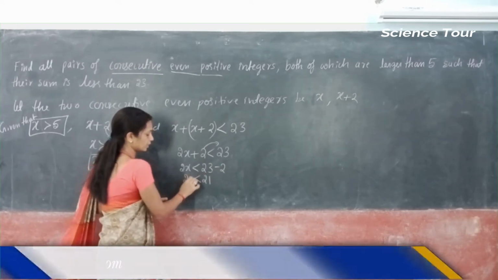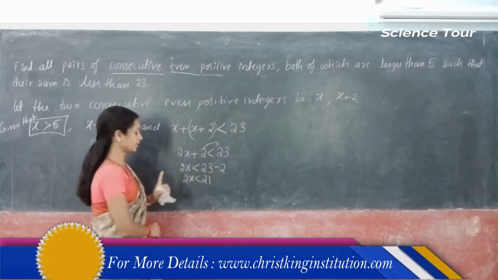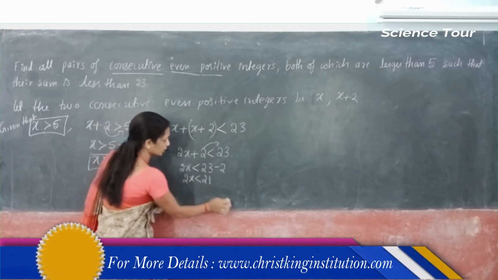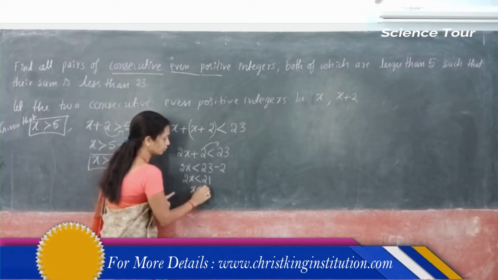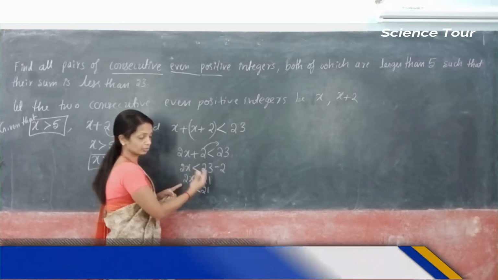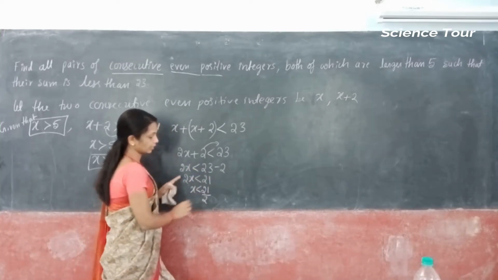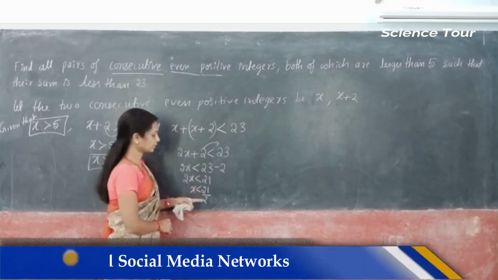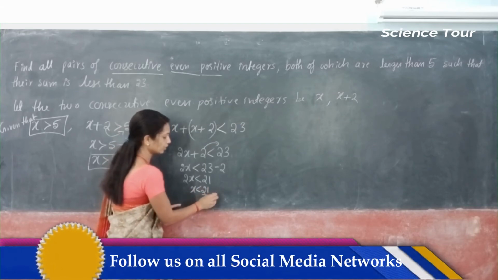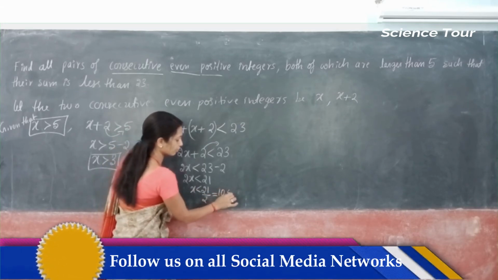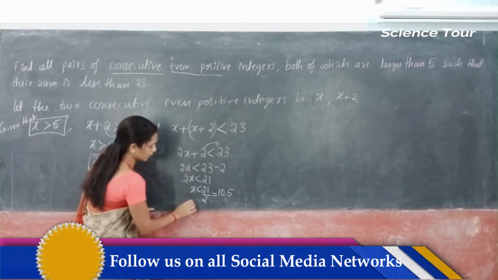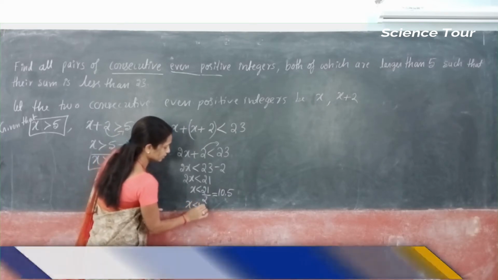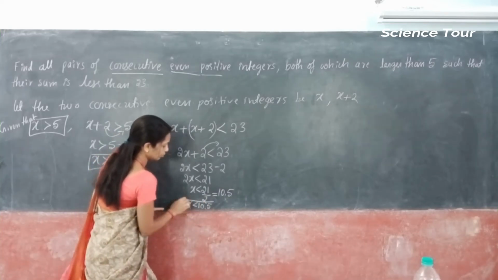Left side you have 2x and the less than symbol as it is. Now you have to keep only x on the left, so you send the multiplication by 2 to the other side as division by 2. Now 21 by 2 gives you 10.5. So what is the third condition on x? That x should be less than 10.5.